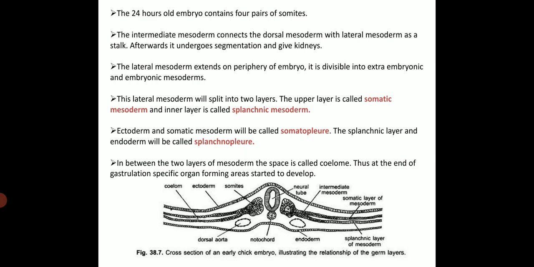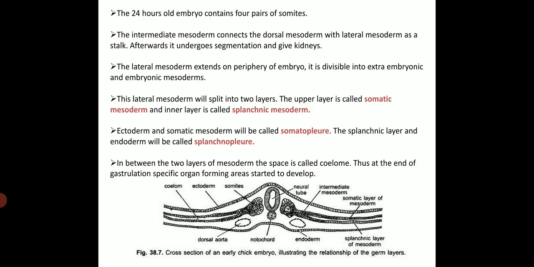So the 24-hour-old embryo contains 4 pairs of somites. The intermediate mesoderm connects the dorsal mesoderm with the lateral mesoderm as a stalk. Afterwards, it undergoes segmentation and gives rise to the kidney.